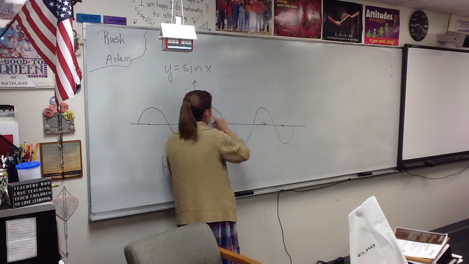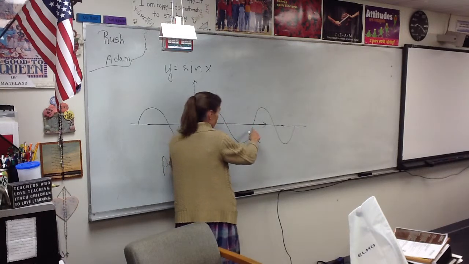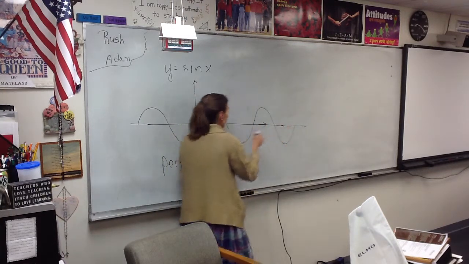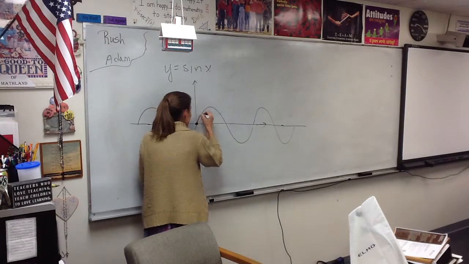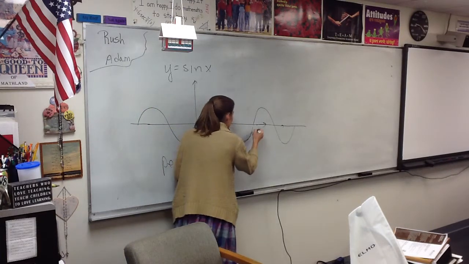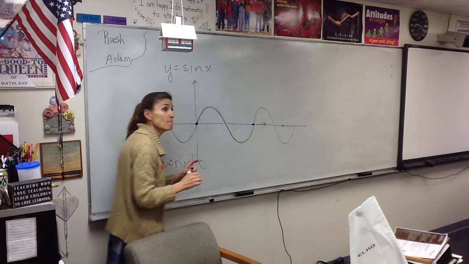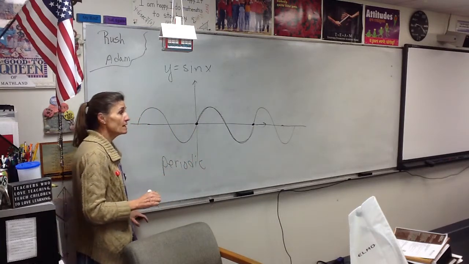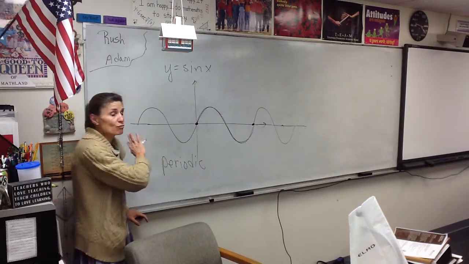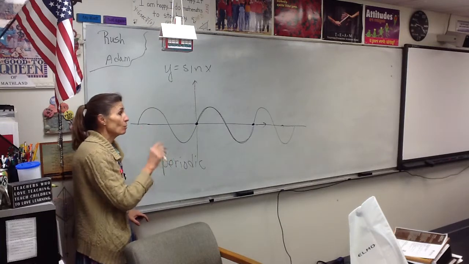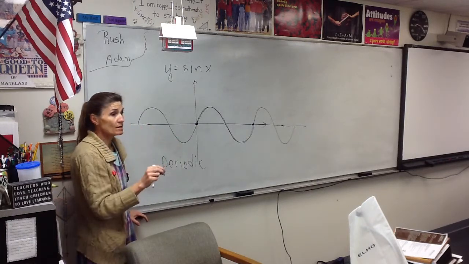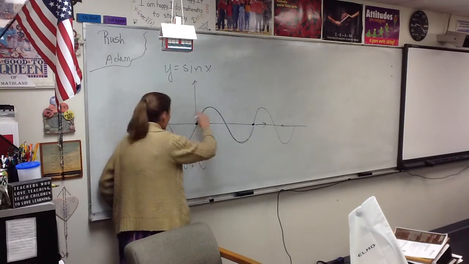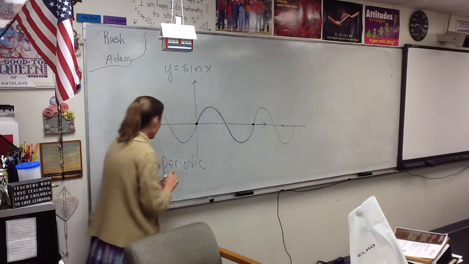Because what happens after you draw a hill and a valley? You draw another hill and valley, and so on. So this piece of the sine curve is called a period of the curve, and it's adequate. You don't need to draw any more. When someone says to you, draw a sine curve, you can get by with one hill and one valley. So that's all we're going to draw.